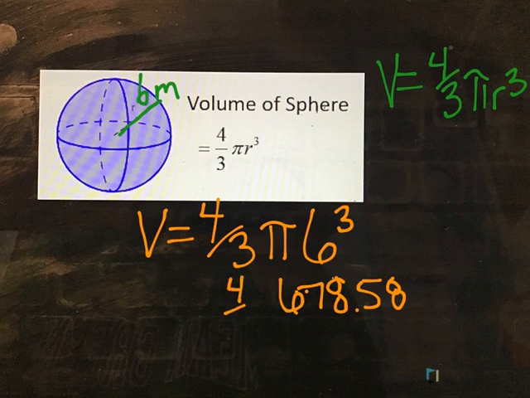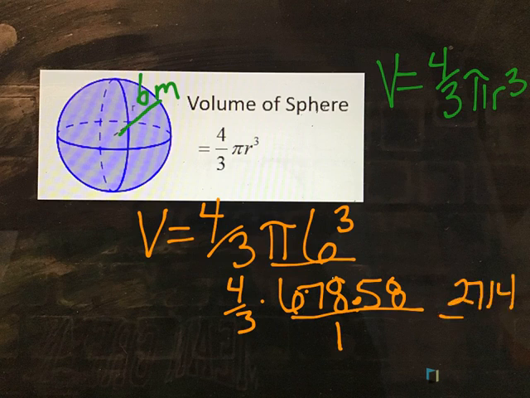Next, I have times 4/3, which is remaining. So this is 678.58. And then what I have left in the equation is times 4/3. So I'm going to multiply that by 4, the 678, and I get 2,714.336. We'll stop there. Now that's multiplying by 4, so that gets you 2,714.